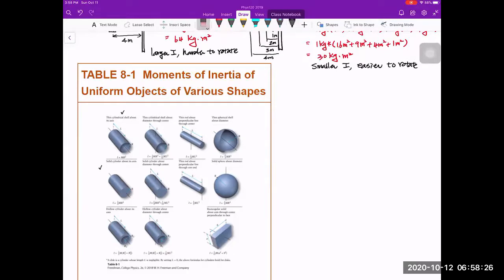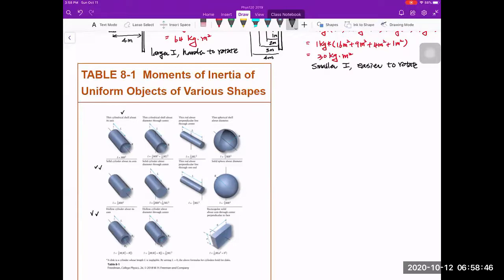In the lab that you're going to do, you are going to use a hollow hoop, well, more like this one here. And you're also going to do a solid disk. So you are going to look at these two situations in the lab.